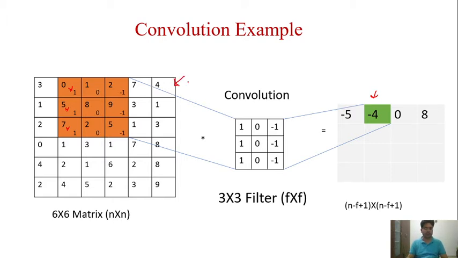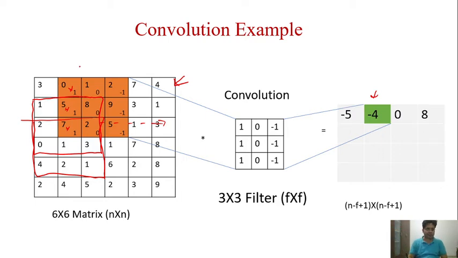Once it reaches the end, we will shift from the top. Now we will perform our convolution operation on this matrix, then it will move till here, then next we will perform on this matrix. So first it will go horizontally, once it has reached the end, then it will go one step vertically, and then again it starts moving horizontally.